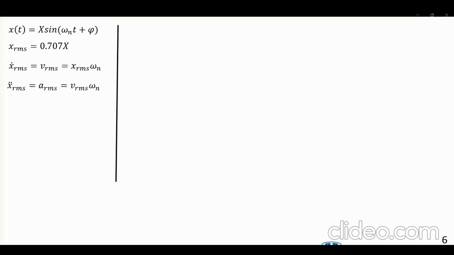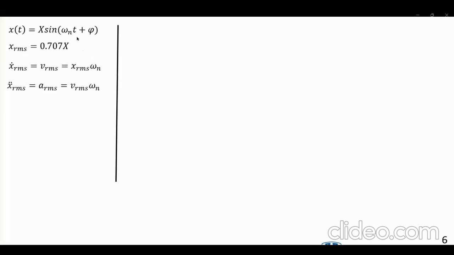Actually, if you do that integration over one period and work it out, you get 0.707x. The velocity, in other words, if I take this and differentiate it, you see that you're going to get the VRMS, which is just the thing up there multiplied by omega n.